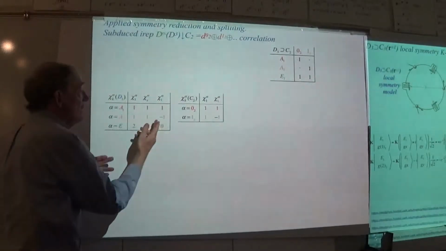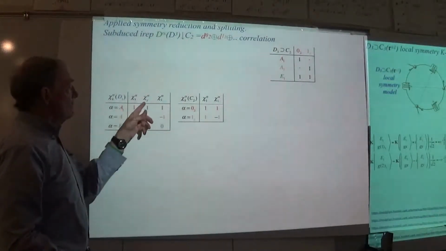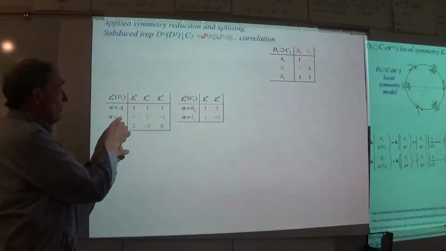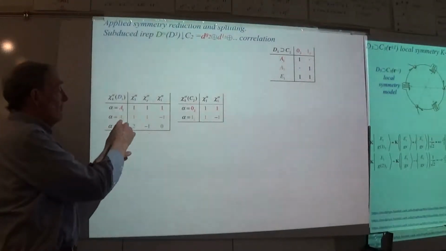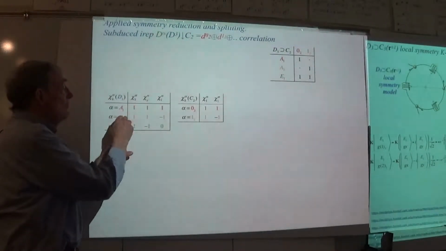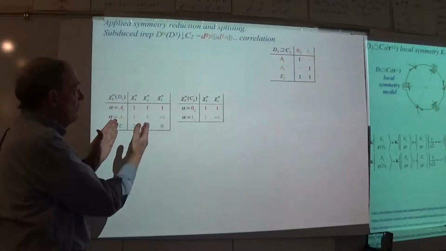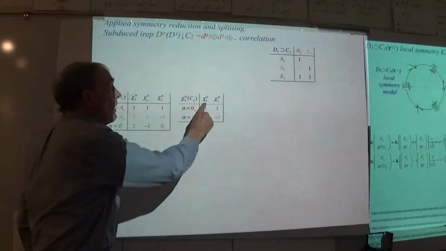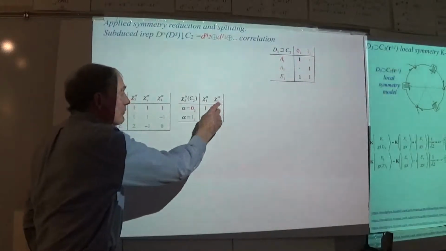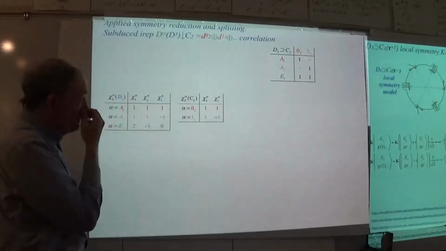That is, if I were to take the 6 matrices of the E, or the 6 one-dimensional matrices of the A2, same thing for the A1, and just throw away the matrices that don't belong to either the identity or I3. Those are kind of small there, so that's why I'm pointing them out.